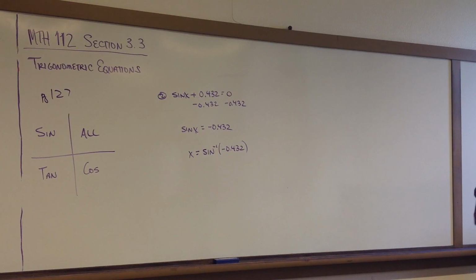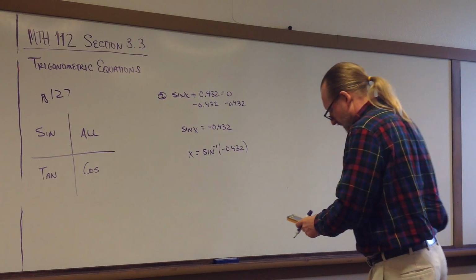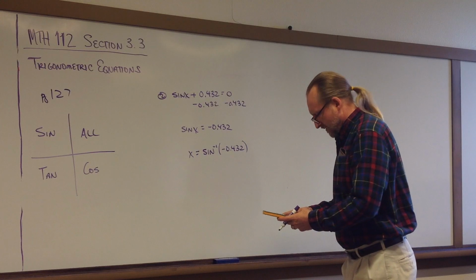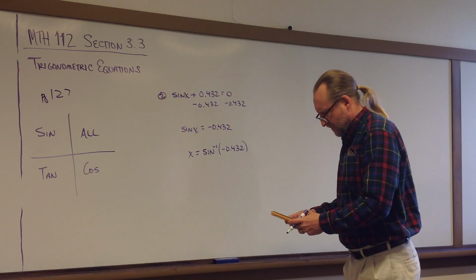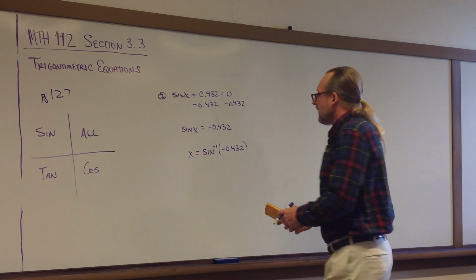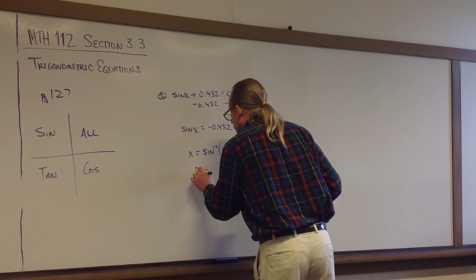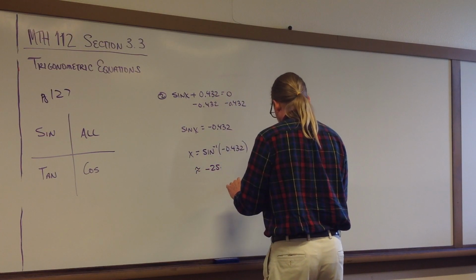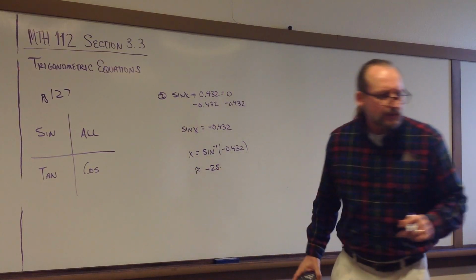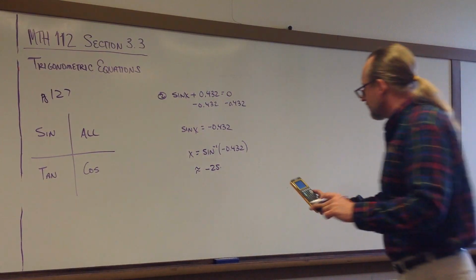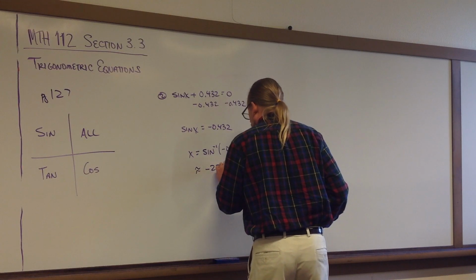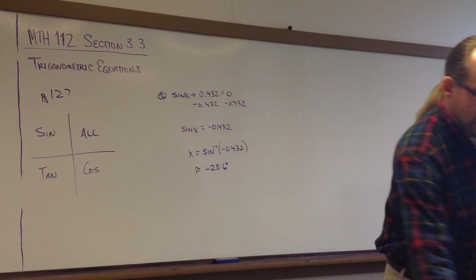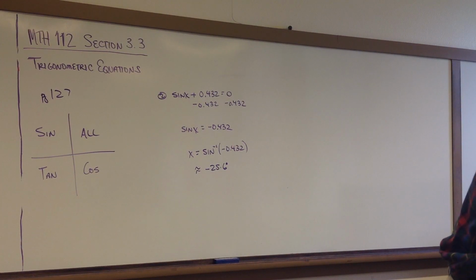Let's see what that is. Inverse sine negative 0.432. And so the calculator returns an answer of negative 25, let's see, does it say round to the nearest tenth of a degree, 0.6 degrees. So I think I did talk about this. There is an example in here.